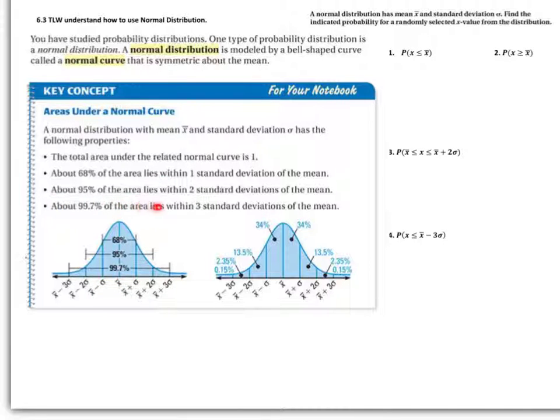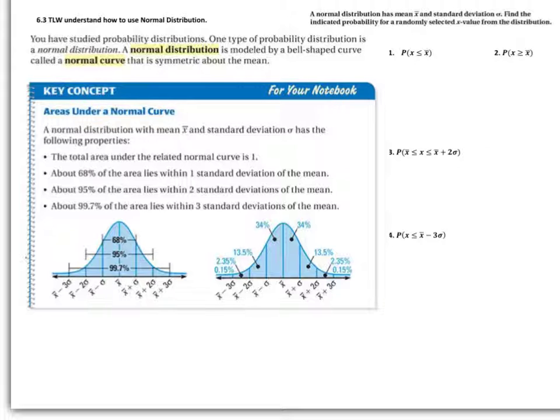About 95% of the area lies within 2. So 2 to 2. When it says within 2, you're looking at that whole area. About 99.7% of the area lies within 3 standard deviations of the mean.